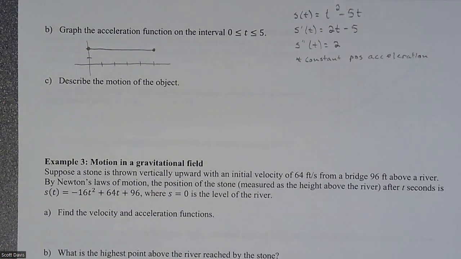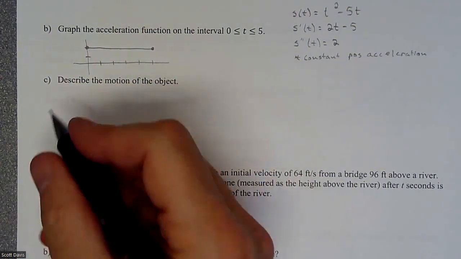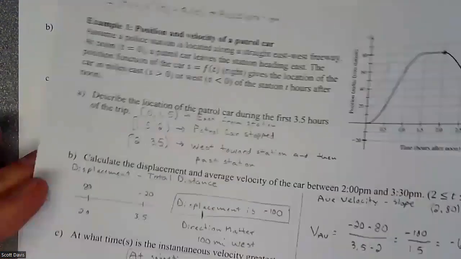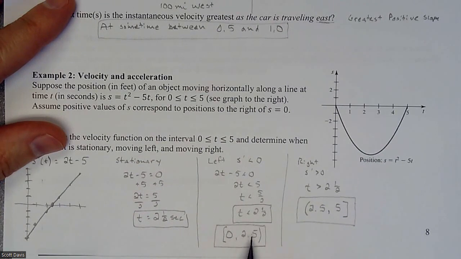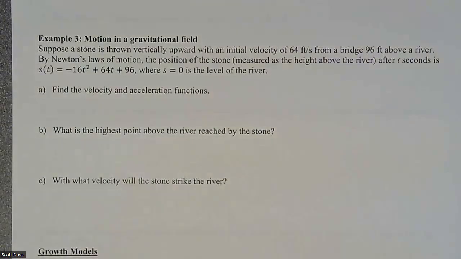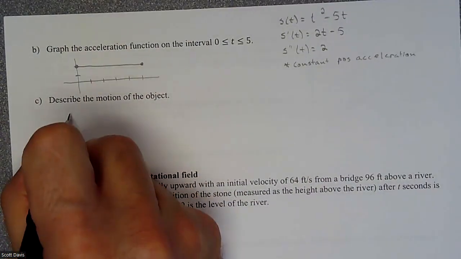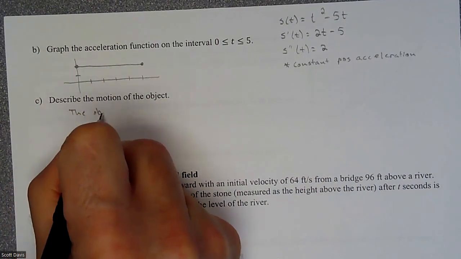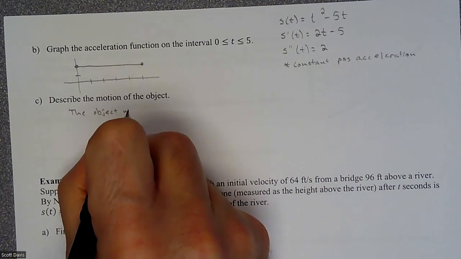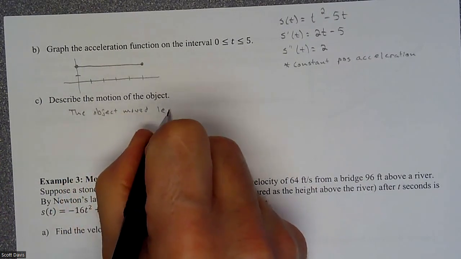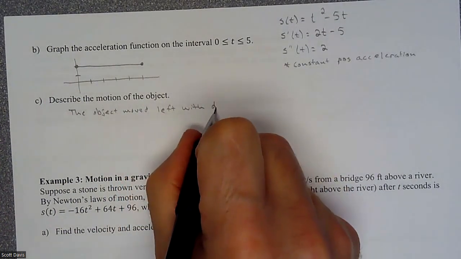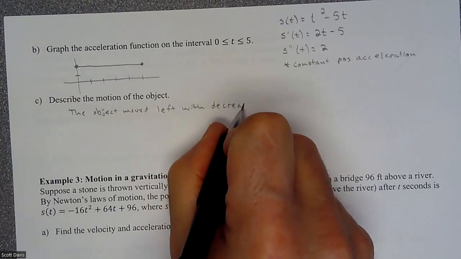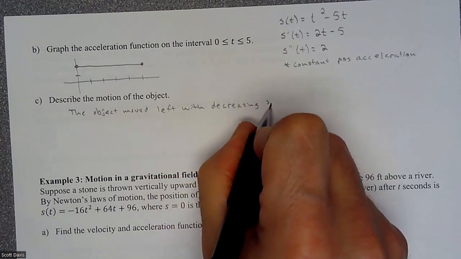And then the last thing, it says describe the motion of the object. If you look at your slopes, we initially had our object moving left from 0 to 2.5, and then it stopped. And then from 2.5 to 5, it was moving right. That's what our slopes are describing. So the object moved left with decreasing speed.